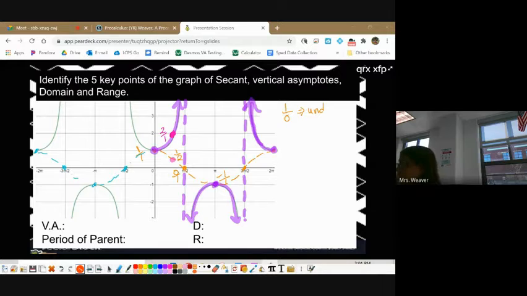Everywhere where the cosine value is at 0, when we flip it, it becomes undefined. So we get those vertical asymptotes everywhere where cosine was at 0. -1 over 1 flipped is still -1 over 1. +1 over 1 flipped is still +1 over 1. So we have those key points.